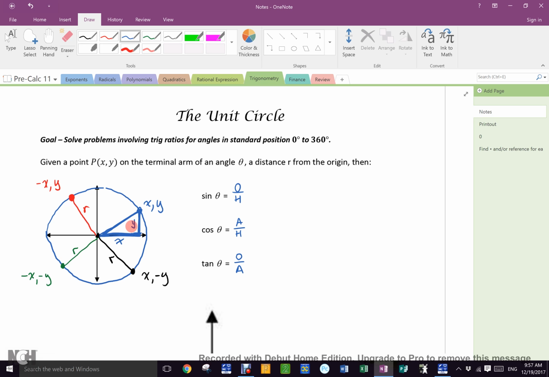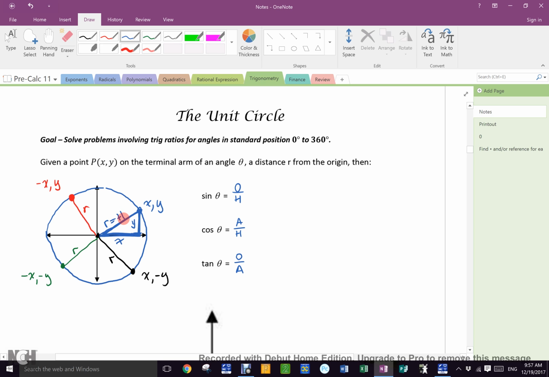Now, does that give me 2 sides of a triangle? Yes, it does. What is this? R, but what is it on the triangle? It is R, but it is also the hypotenuse, isn't it?